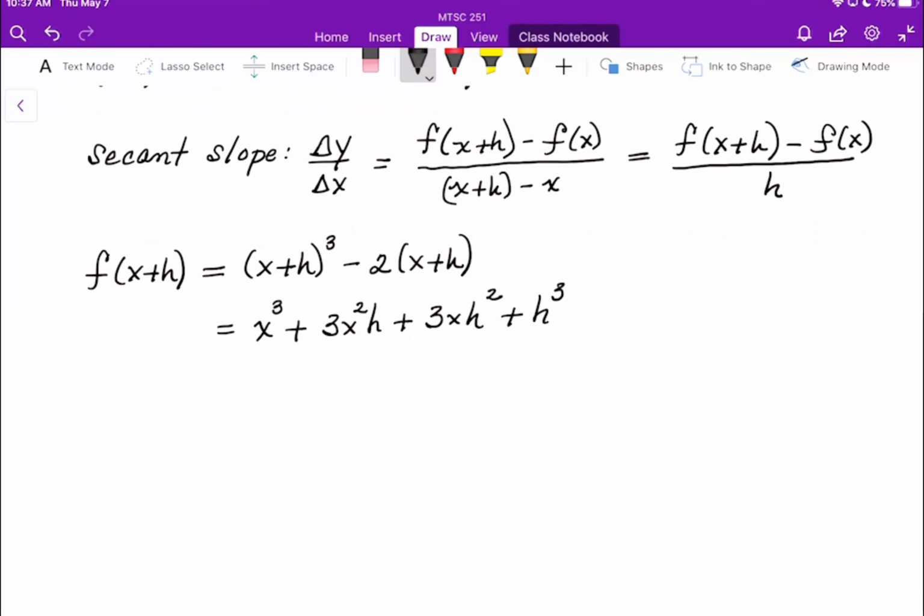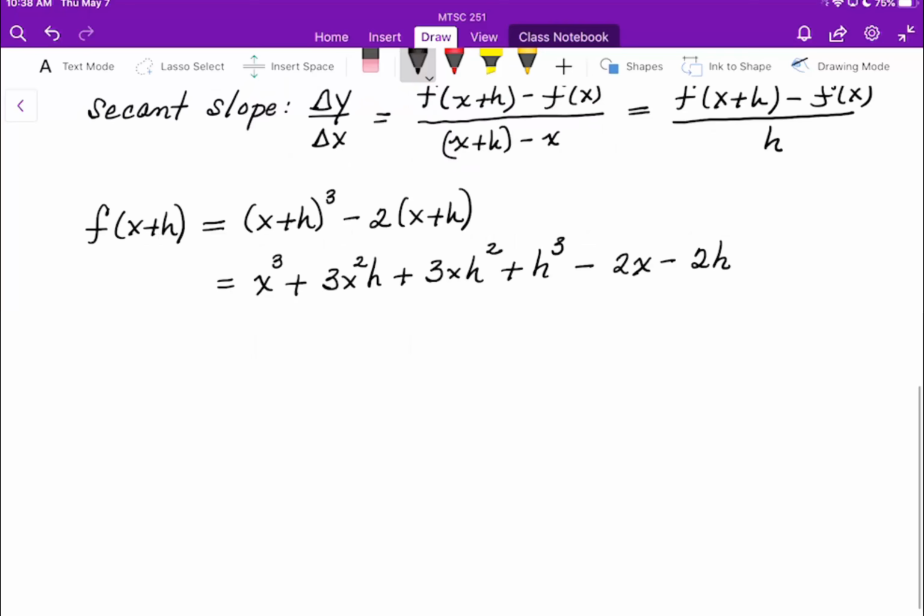And then we're going to subtract off 2 times x plus h. So that gives us minus 2x minus 2h. Okay, so now we're ready to find the secant slope.